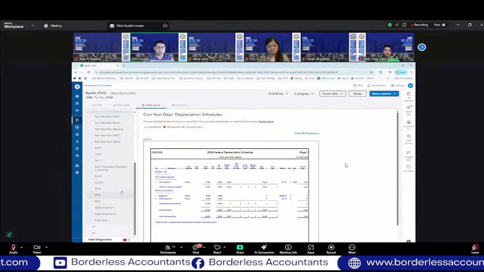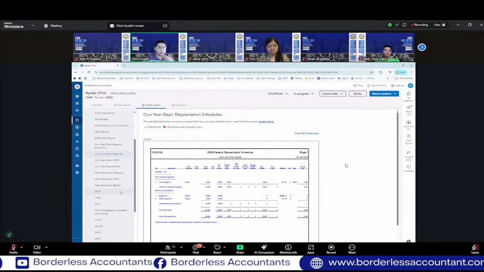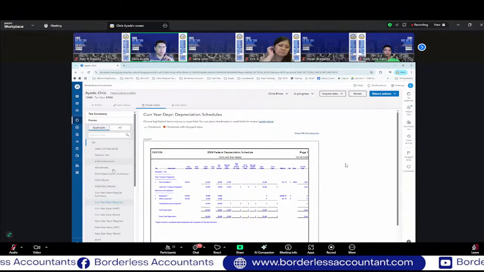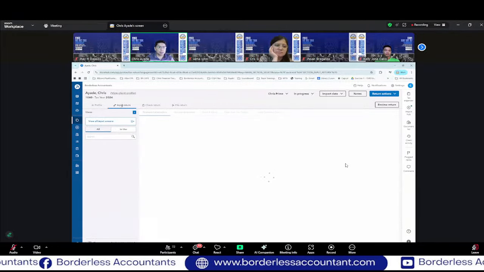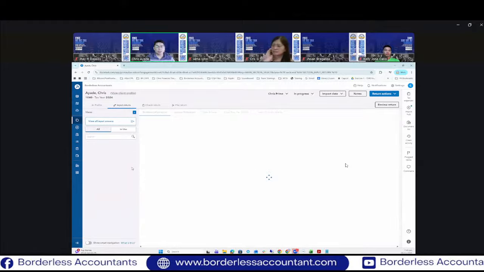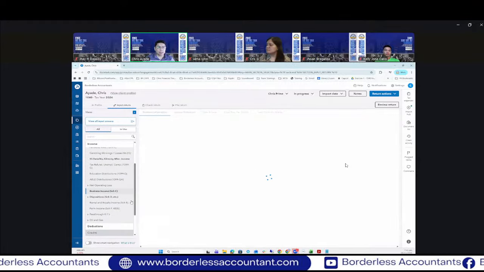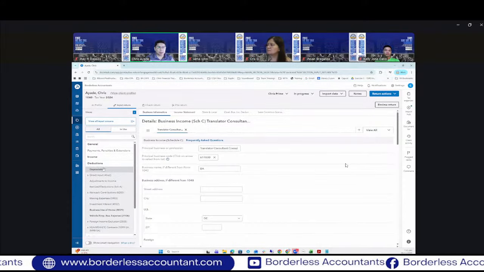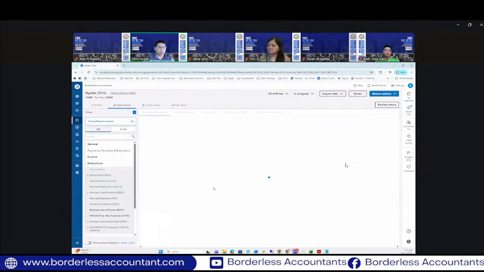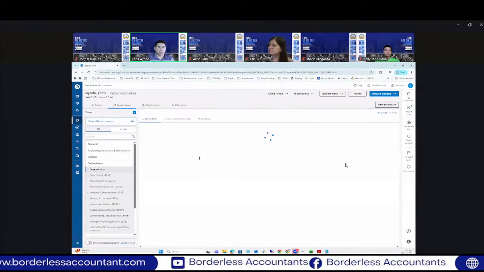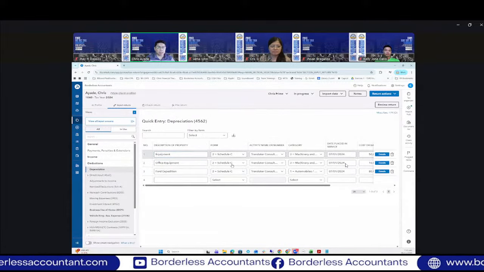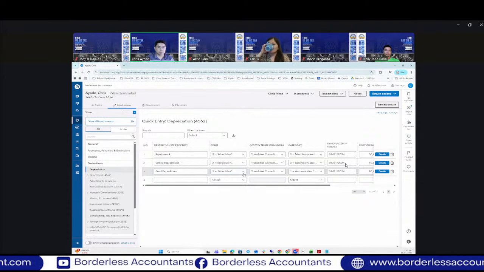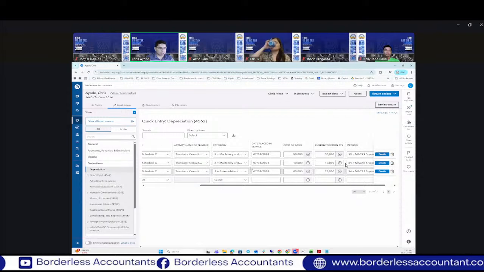So if you have a simulated return in ProConnect, for you to enter an asset, all you gotta do is go to deductions and then go to depreciation. So input the information here and make sure that it's linked towards either a Schedule C or a Schedule E. And then just fill out the necessary fields.